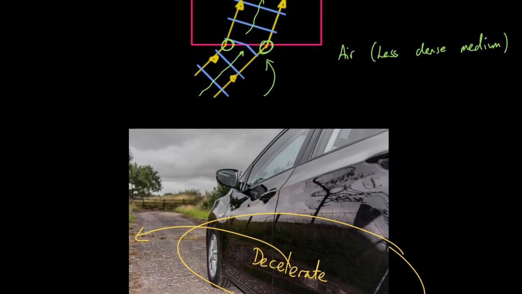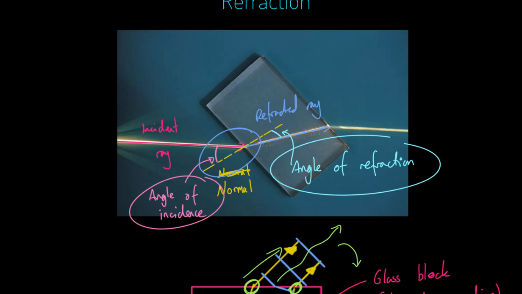So if you look here at my little diagram, you can just see by eye that the angle of refraction is smaller than the angle of incidence. That's because the ray of light is bending towards the normal.